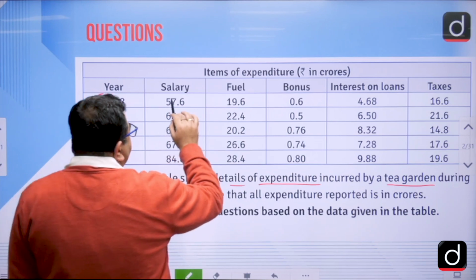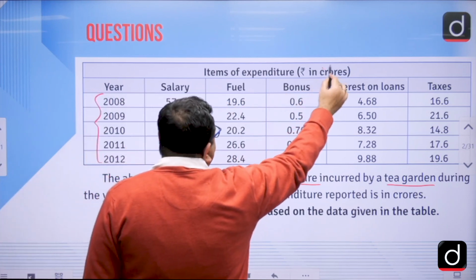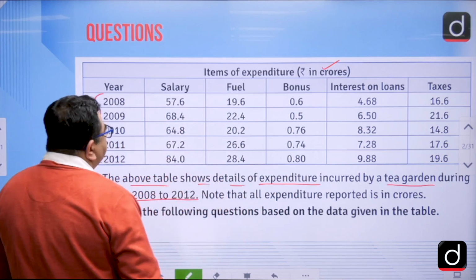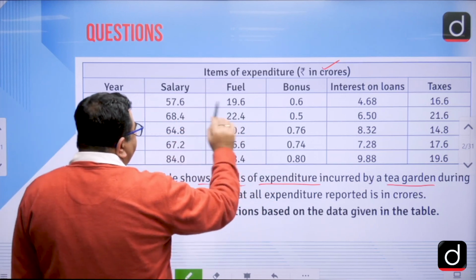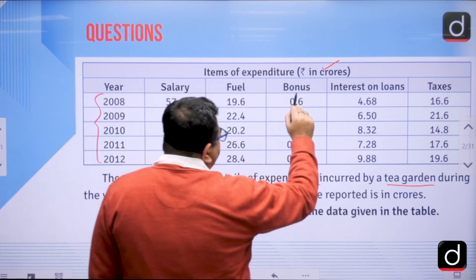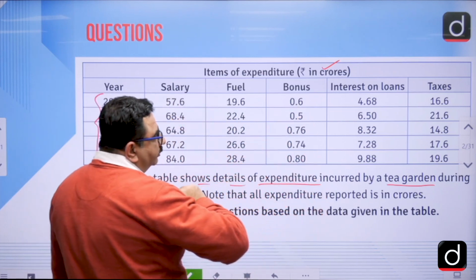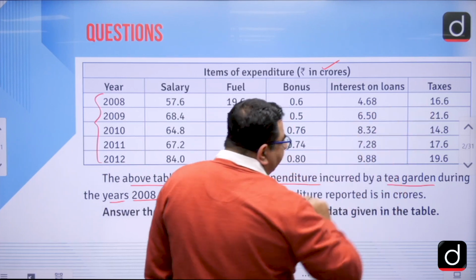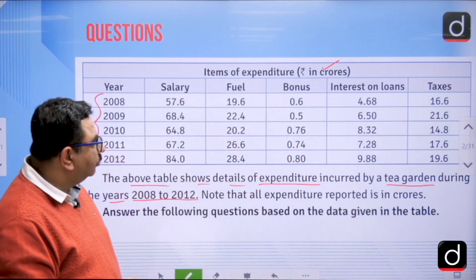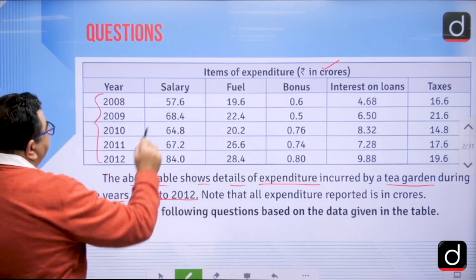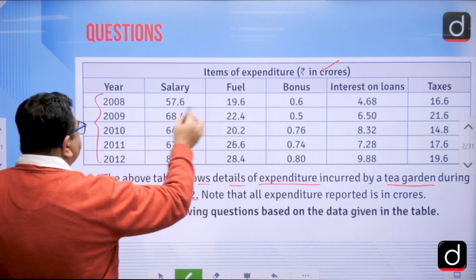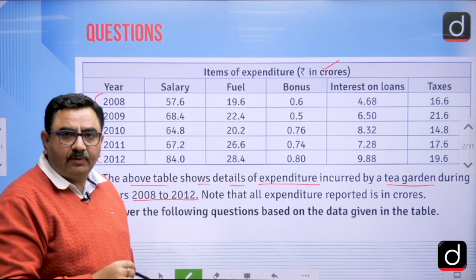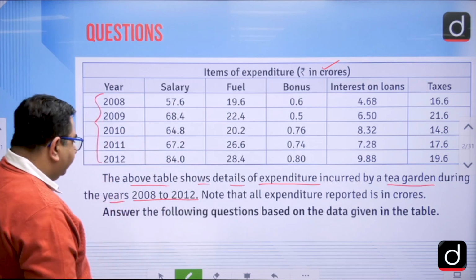One head is salary, that is in crores. So 57.6 crores is spent on salary, on fuel 19.6. In the same manner, bonus was given of 0.6 crores, interest on loans is 4.68, and some taxes, that is 16.6 crores. Every year, if I sum up all the heads, that will give me the total expenditure of that particular year.